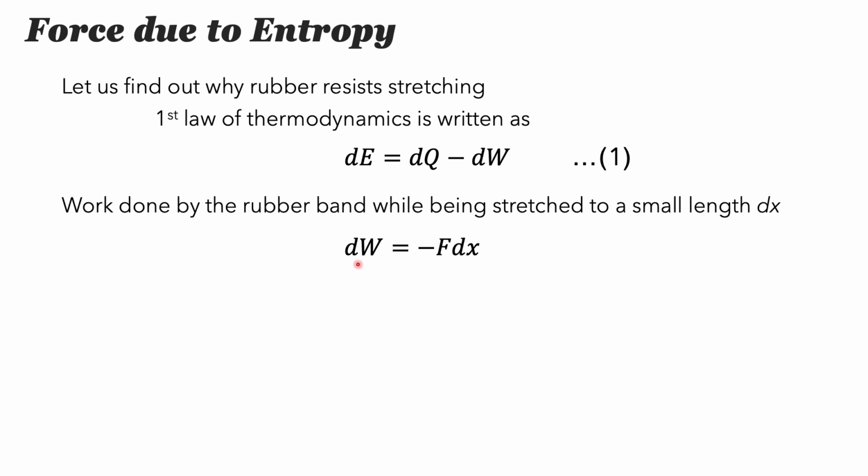This formula is for the work done by the rubber band, but the work is being done on the rubber band, which is now our system instead of gas. So, the work done by the system will be negative. F is the force applied, and the small distance over which this force is applied is dx.